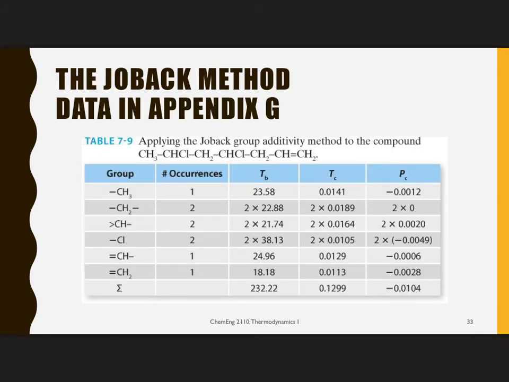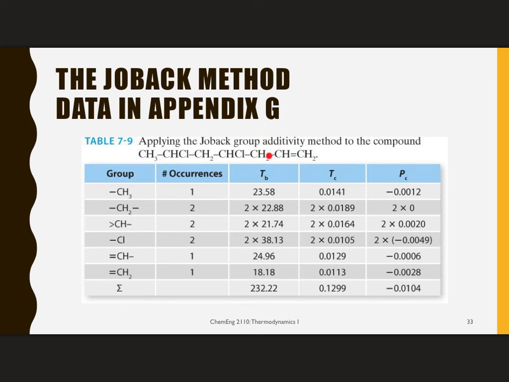If you look at this, they did the compound CH3, CHCl, CH2, CHCl, CH2, CH, double bonded to CH2, then the functional groups are highlighted here. Some of them there's only one of, for instance, the CH3 on the left end, and some there are two of.